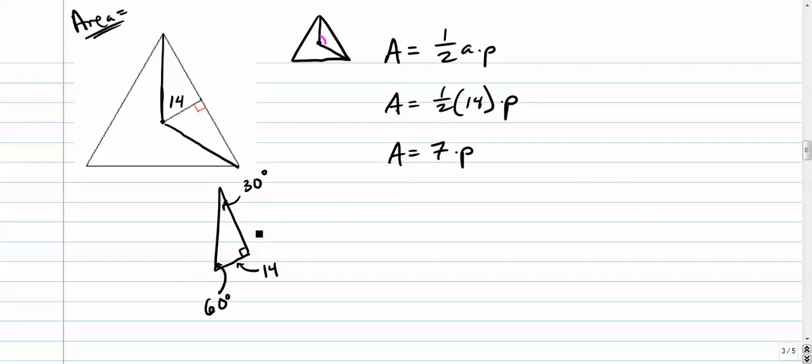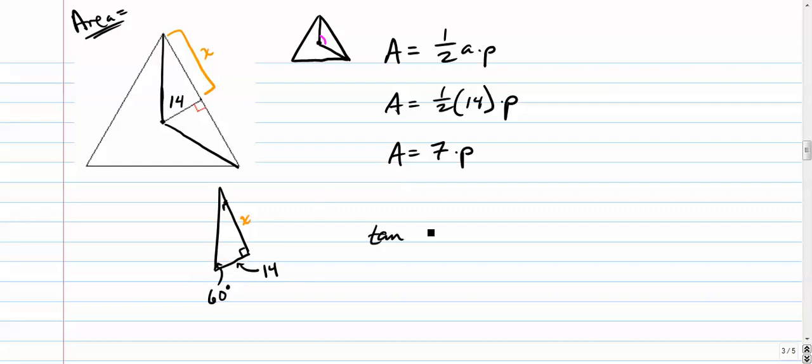All right, so we can pretty easily find what we're looking for here. Let's call it x. X in the big picture is half of one side. I only need to use one of the angles, so I'll just use 60. So we're going to go opposite and adjacent.